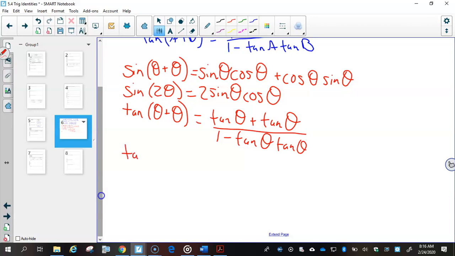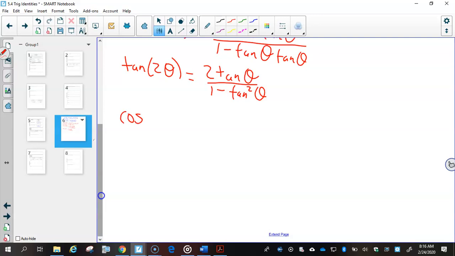So this becomes tangent of 2 theta over 1 minus tangent squared theta, which is your double angle tangent formula. So you can use this, or you could just memorize another 3 formulas. It's really up to you.